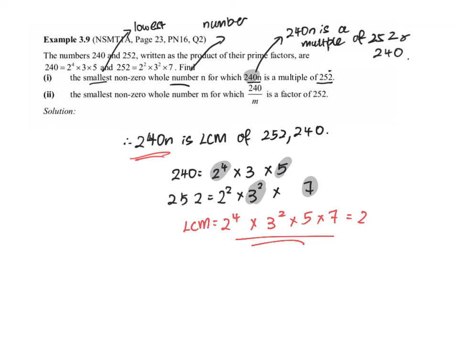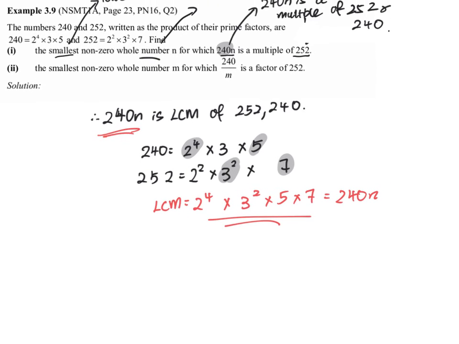So if you consider that this is our 240n, then n will be equal to 2 power 4 times 3 power 2 times 5 times 7 divided by 240.